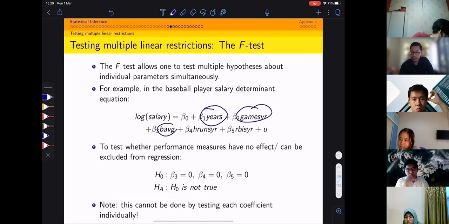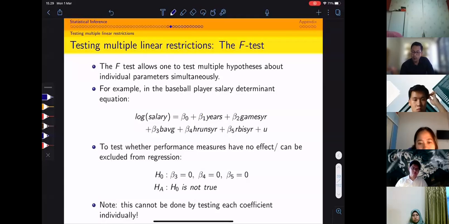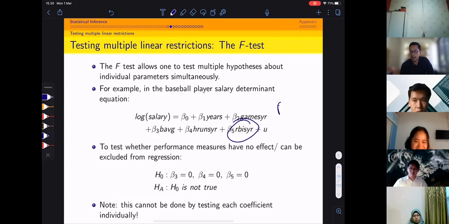Then there's the batting average, which is the share of times you hit the ball every time you bat. You've heard of the term home run, which is the number of home runs a particular player hits in a year. Then there's the RBI, runs batted in.